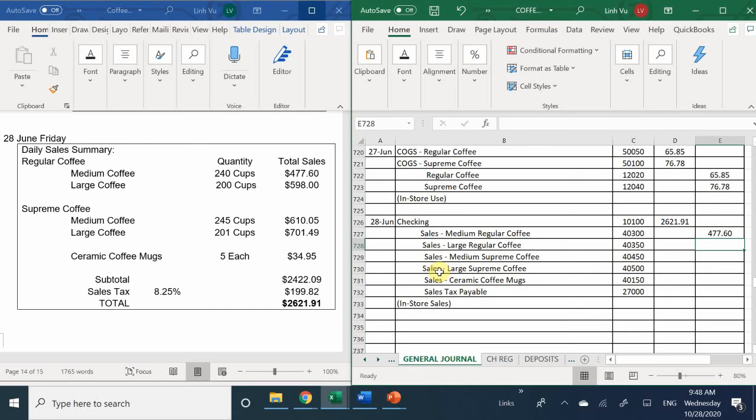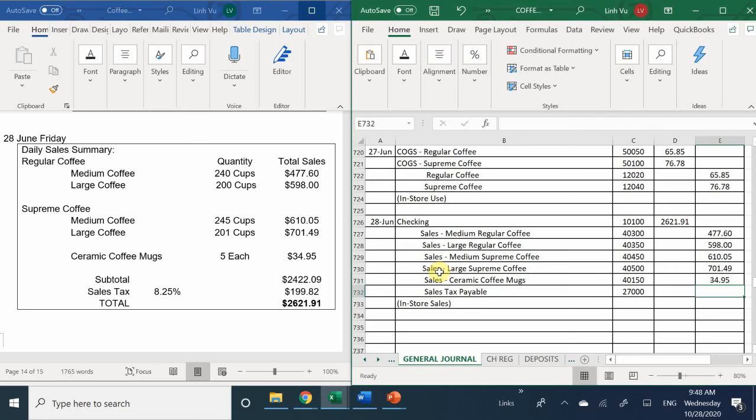And then for a regular medium coffee it is $477.60. And then for the large is $598. And then for the supreme medium is $610.05. And then for the supreme large is $701.49. And then for the mugs is $34.95.